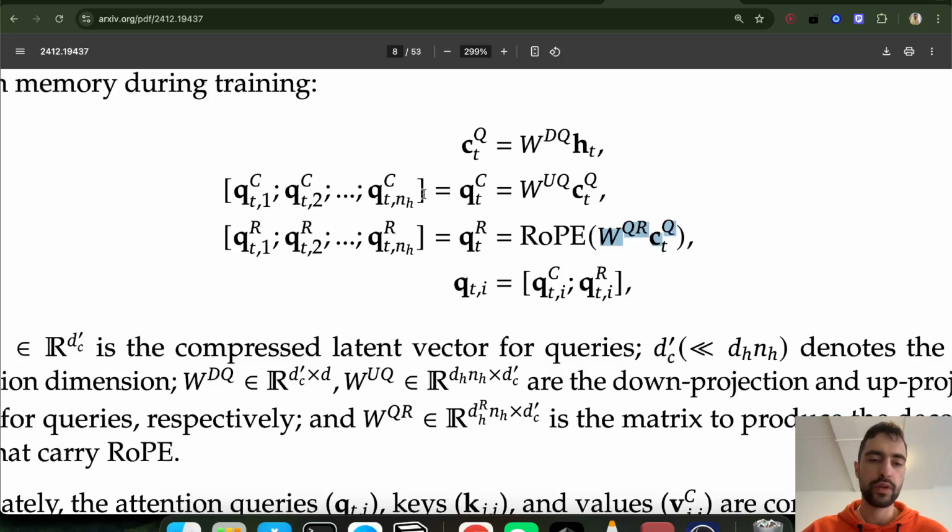Each of the heads contains both the part that does not contain information about position and the part that should, but we did not apply positional information to these parts that should have it. So we need to separate them, then apply rope, and then concatenate them back.